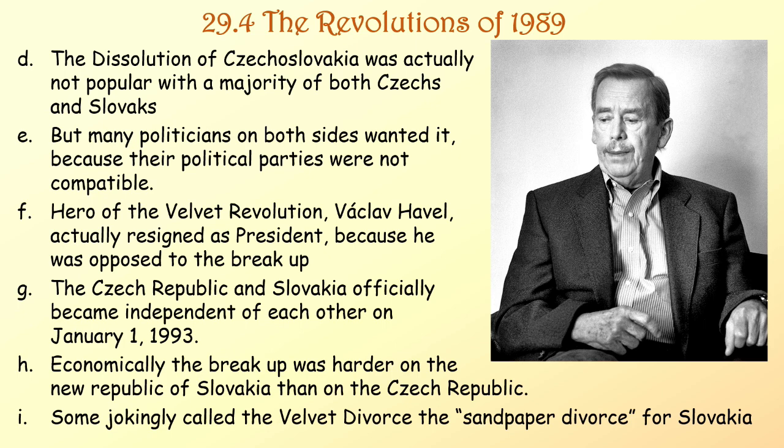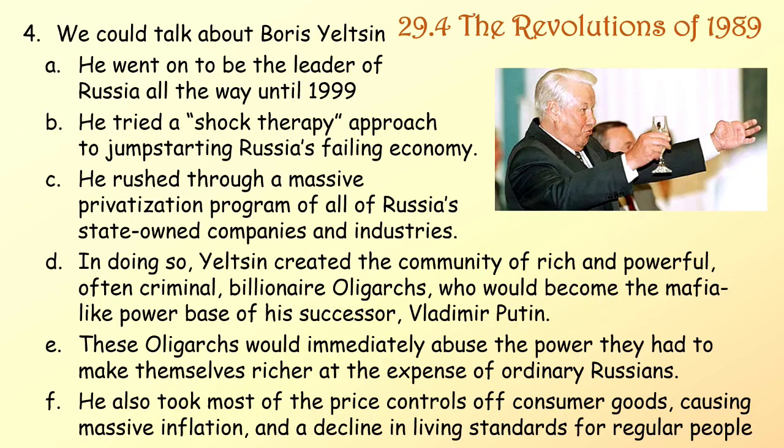The Czech Republic and Slovakia officially became independent of each other on January 1st, 1993. Economically, the breakup was harder on the new Republic of Slovakia than on the Czech Republic. Some jokingly called the Velvet Divorce the sandpaper divorce for Slovakia.